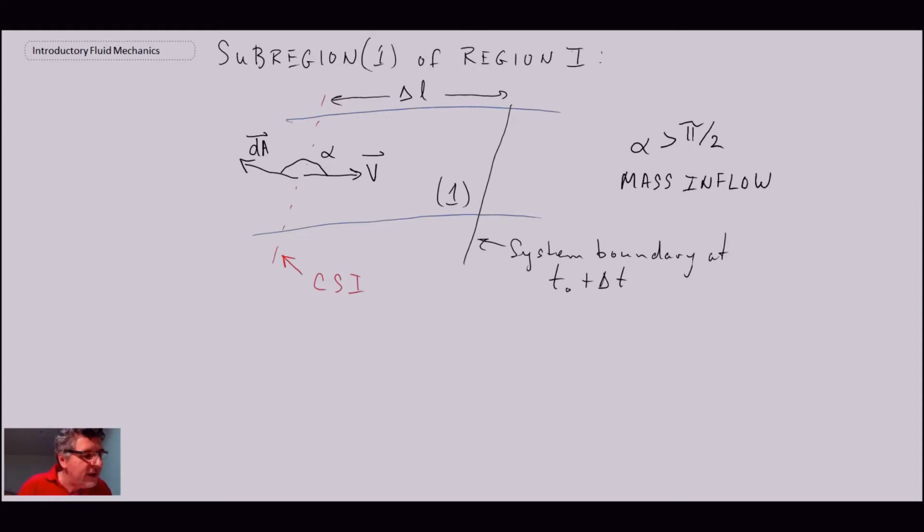So mass coming into our control volume, and we have a projected area, some arbitrary area, we don't know exactly what it is, but I'll draw it as being dA.